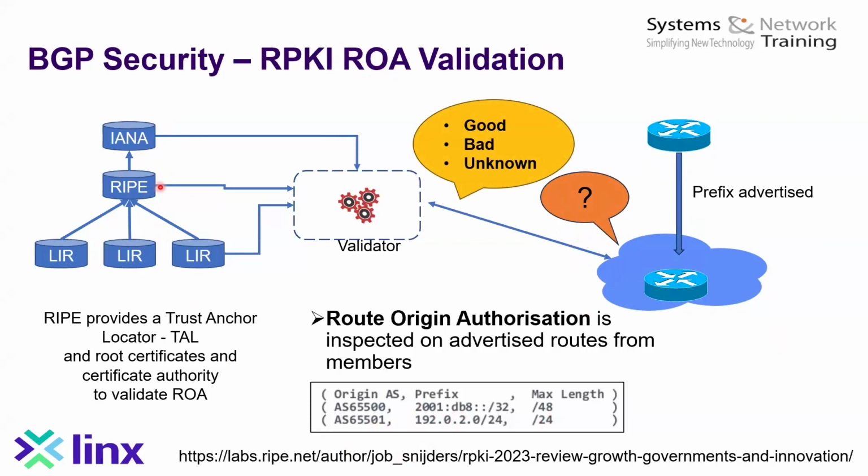And they can respond in 3 different ways. They can say A, yes, it's good, it's vouched for; B, no, it's bad; or C, it's unknown. Not everyone has obviously got to the point of registering their routes, and so there are some unknowns. In other words, there is no record of that route in the authority.